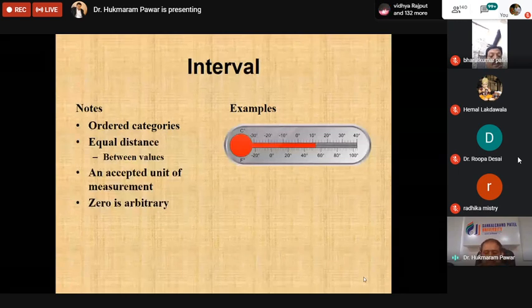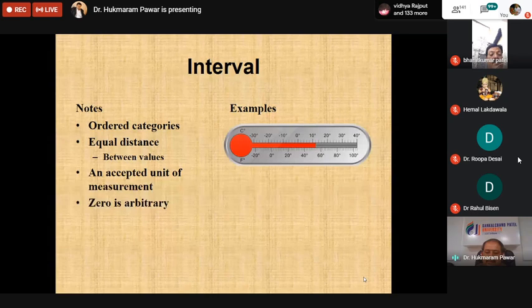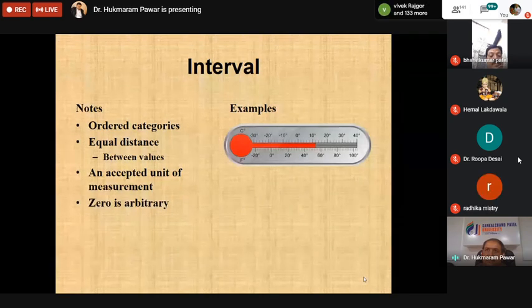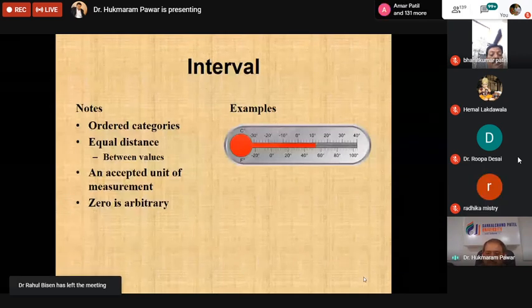For example, 4 a.m. We can't say that 4 a.m. is double 2 a.m. But we can compare the distance from 0 to 4 a.m. and the distance from 0 to 2 a.m. So 0 to 2 is half of 0 to 4, and we can say 0 to 4 is double 0 to 2.